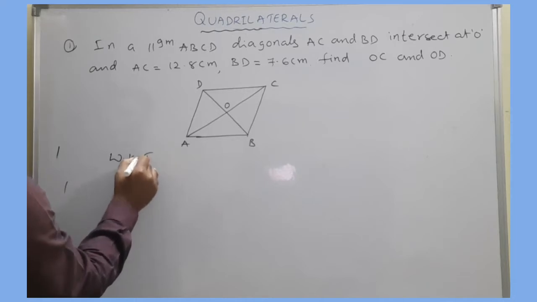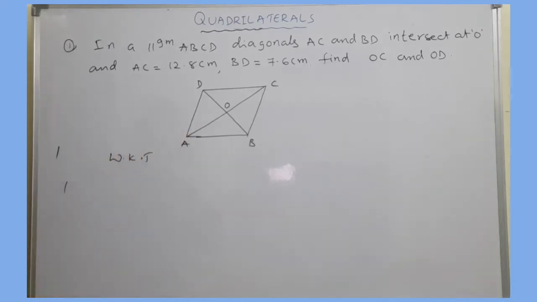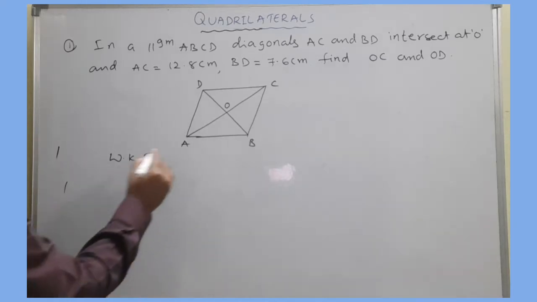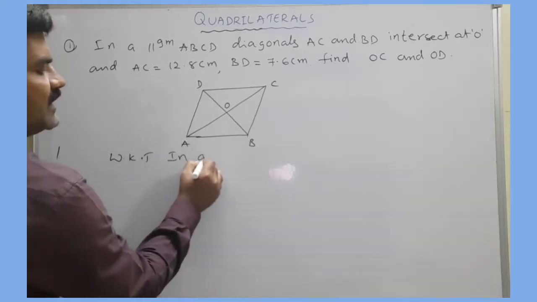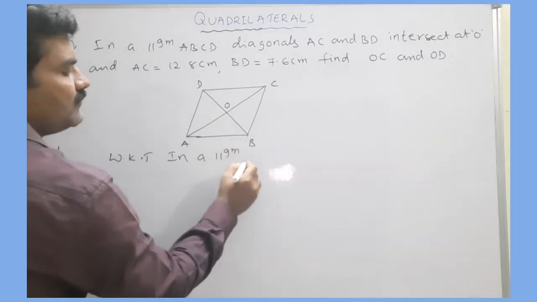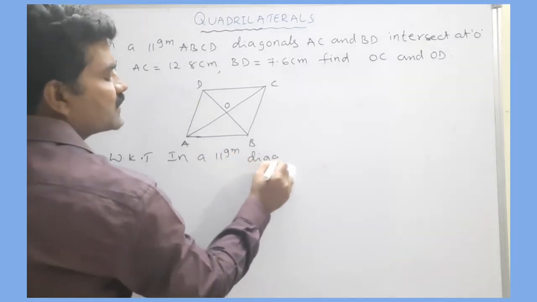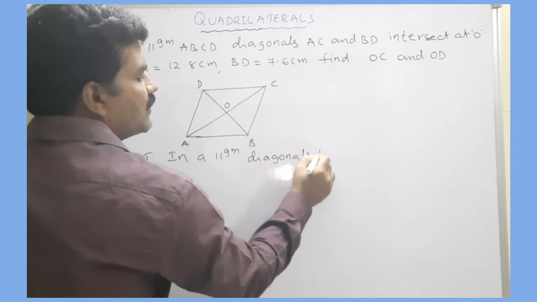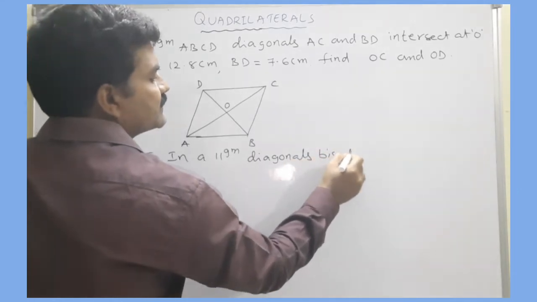Earlier, while discussing the properties of a parallelogram, we discussed that in a parallelogram, diagonals bisect each other.